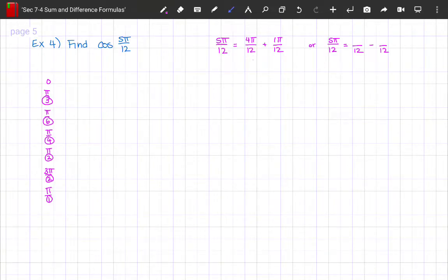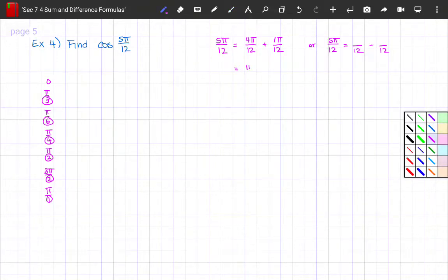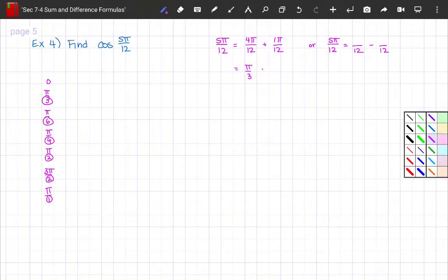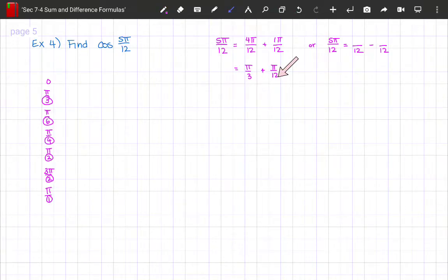And yes, this one will simplify to pi over 3, which gives us one of the denominators we're looking for. But this guy does not simplify, and we're stuck again.